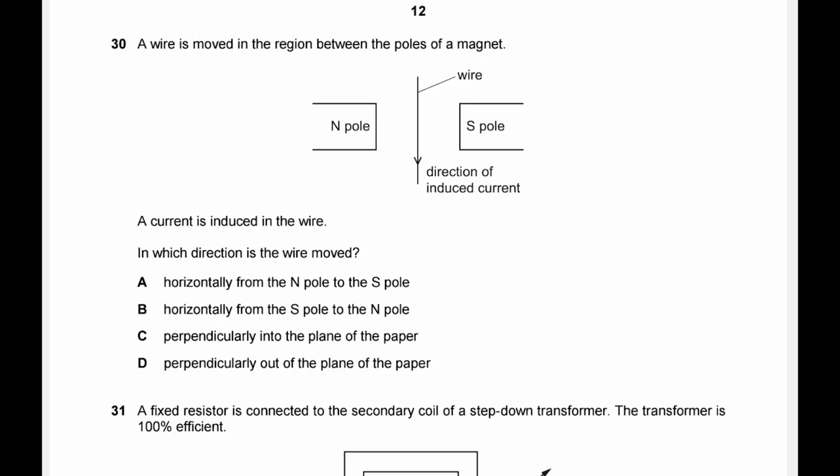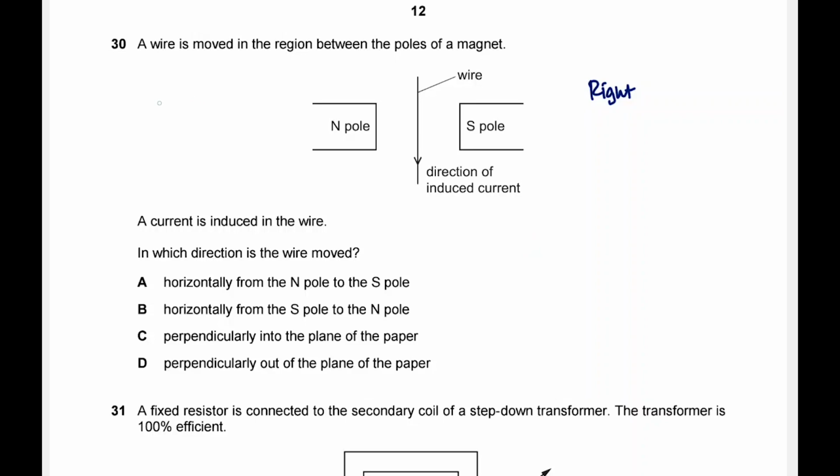The first thing to check is whether there is any current or movement of charge in the question. The question says a current is induced, so it means initially we didn't have current. So we are inducing or generating the current. Since the current was not there initially, we are going to use the right hand.